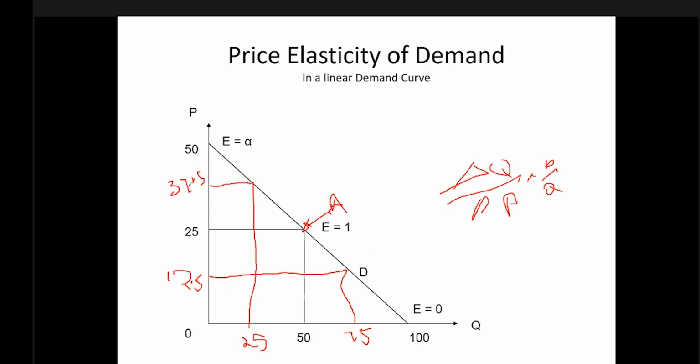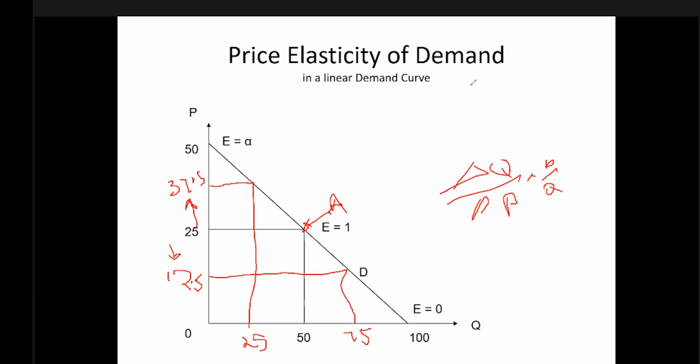For that, you can use either moving from here to here or here to here. Whatever is okay, because we will be getting this point. Quickly calculate. What is the price elasticity of demand at point A, if you are using these numerical values?